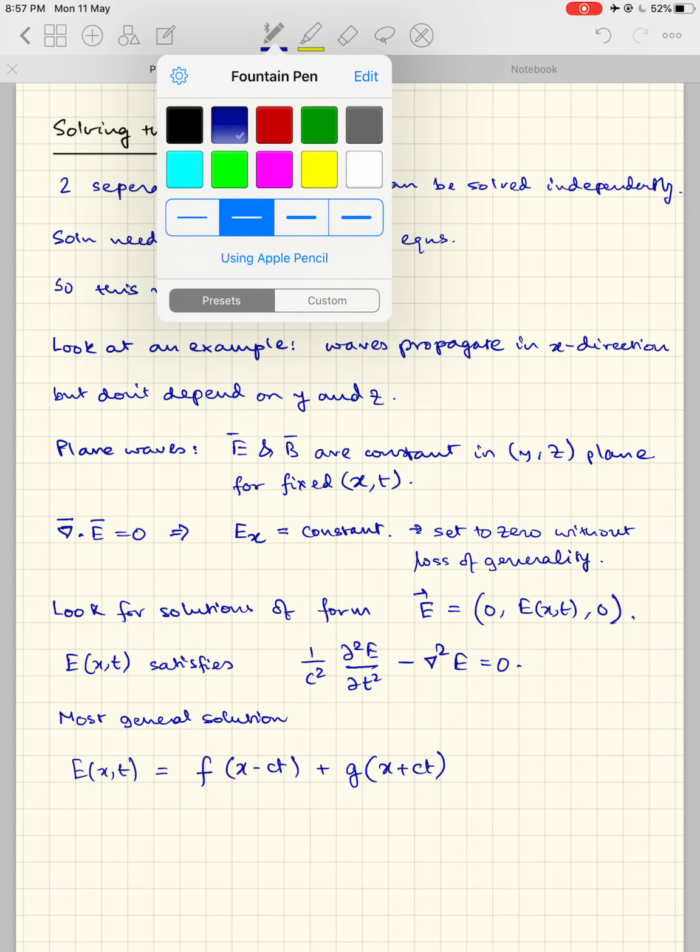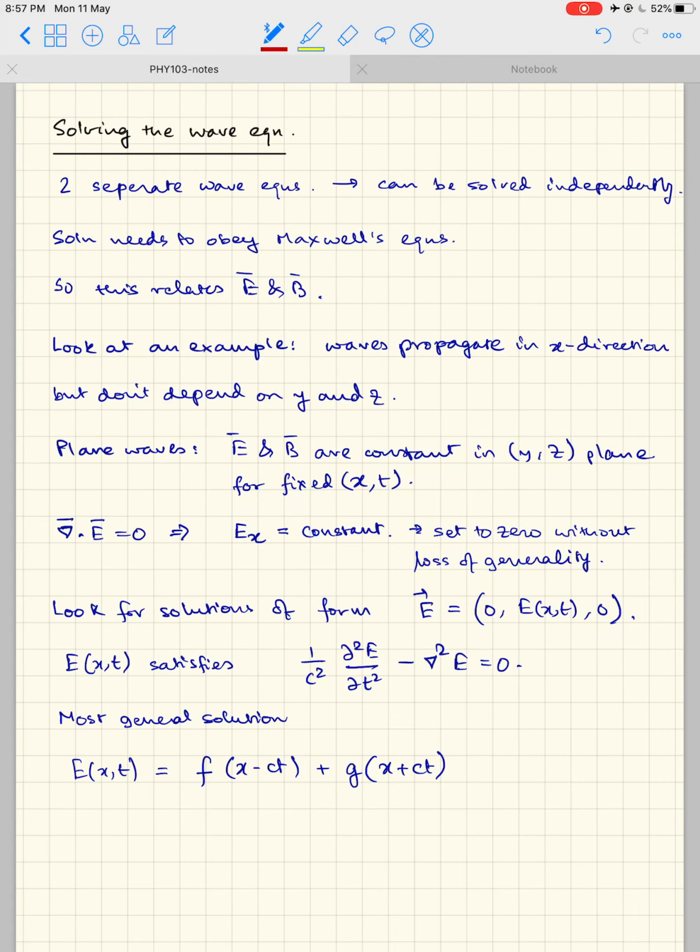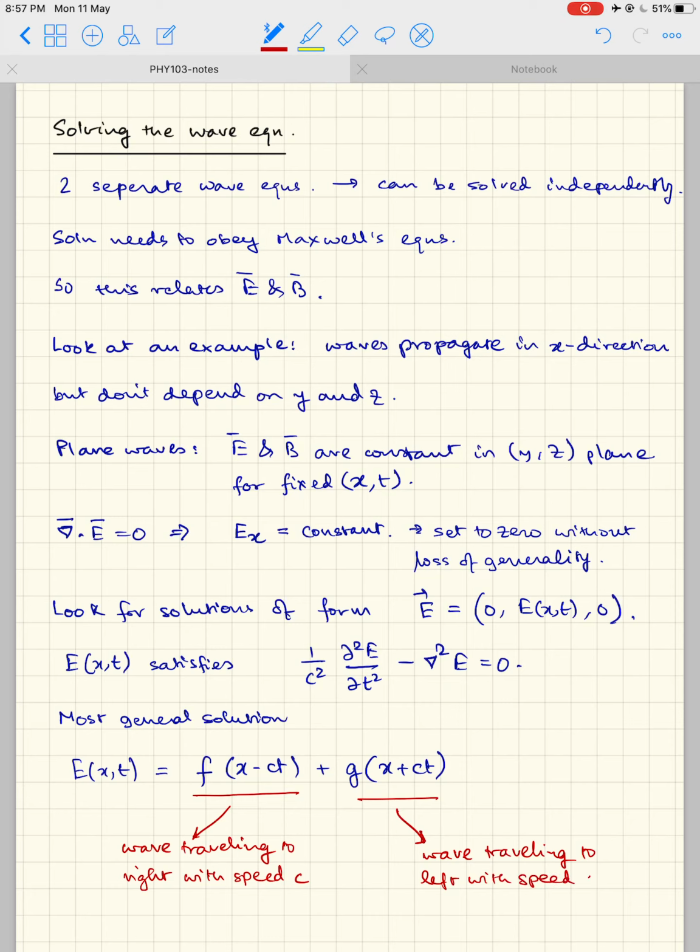So the thing to remember is that this one is a wave traveling to the right with speed c, and this one is a wave traveling to the left with speed c.